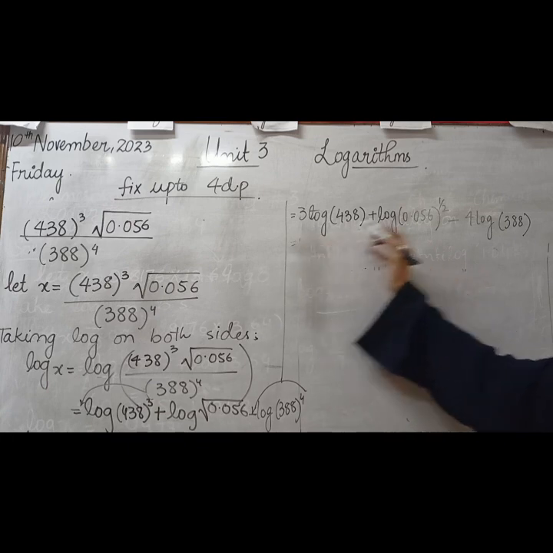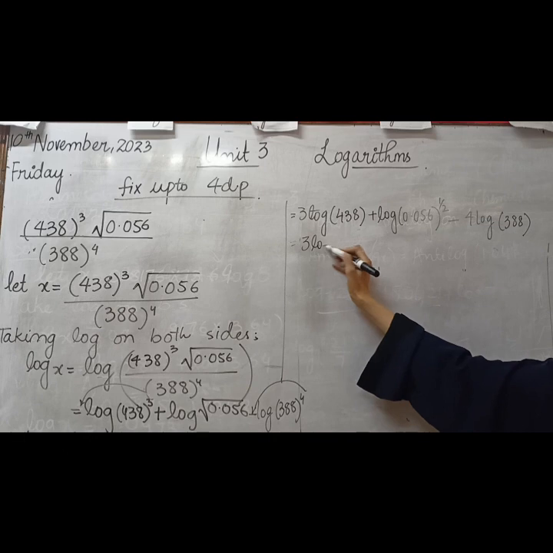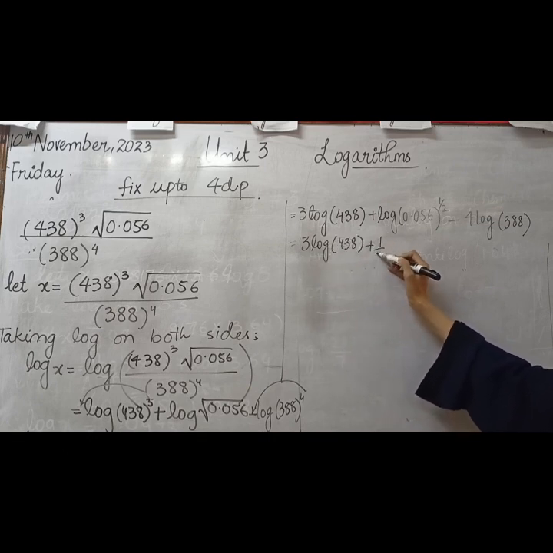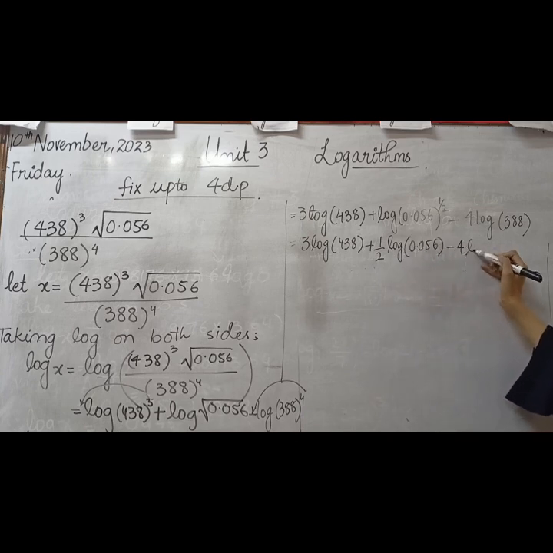Now we have another power which will also come forward: 3 log of 438 plus 1 by 2 log of 0.056 minus 4 log of 388. Now you have to find out the values of these logarithms.